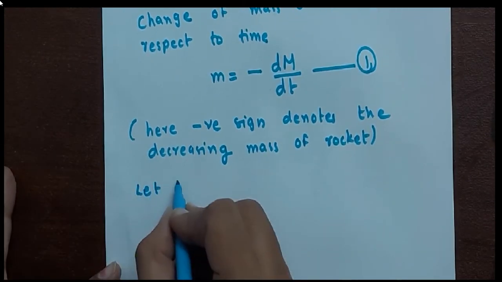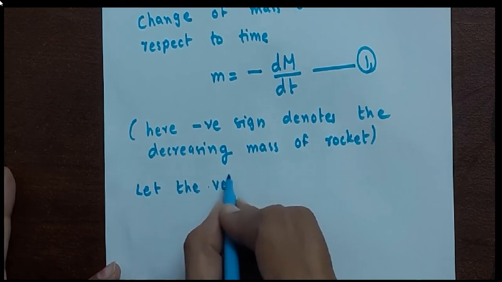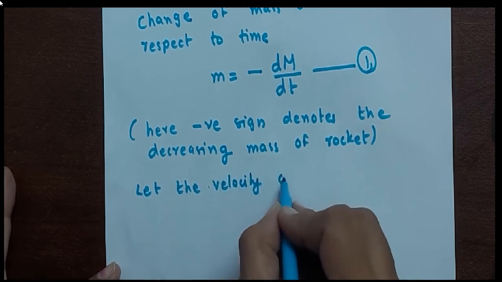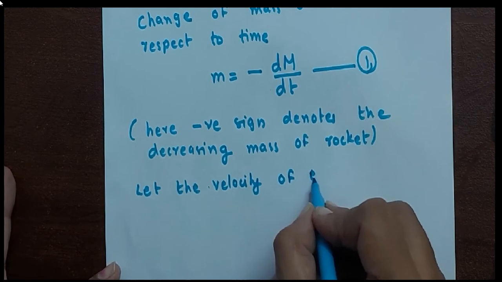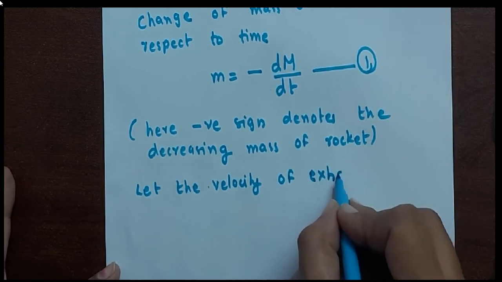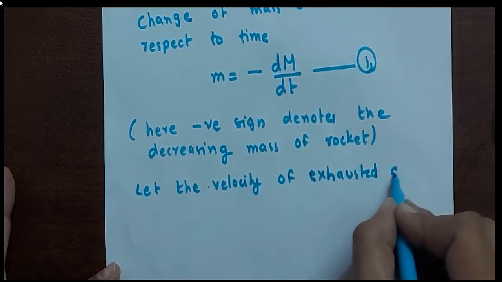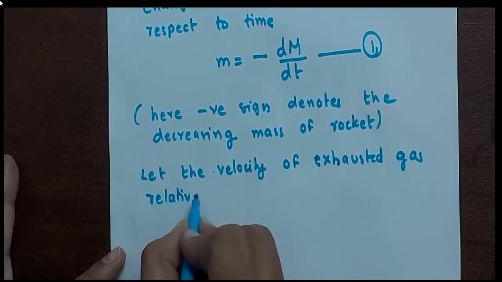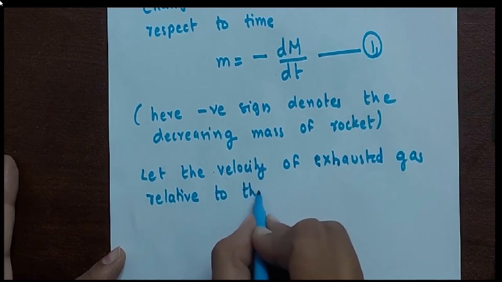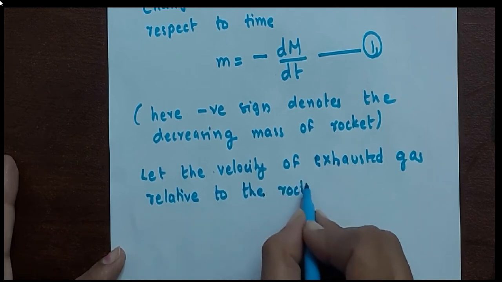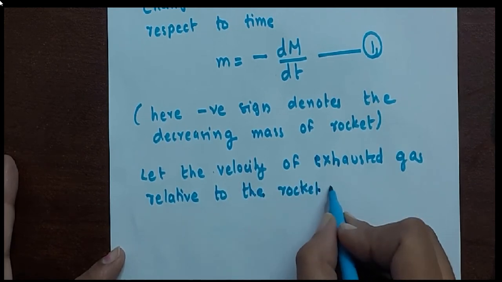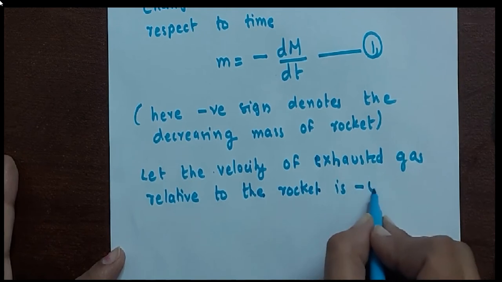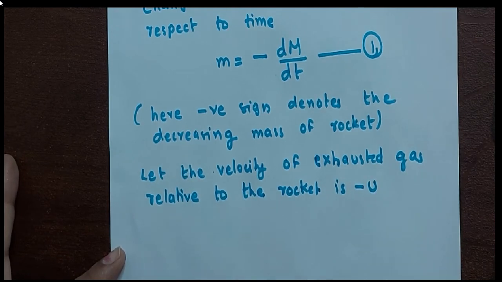Let the velocity of the exhausted gas relative to the rocket be minus u.